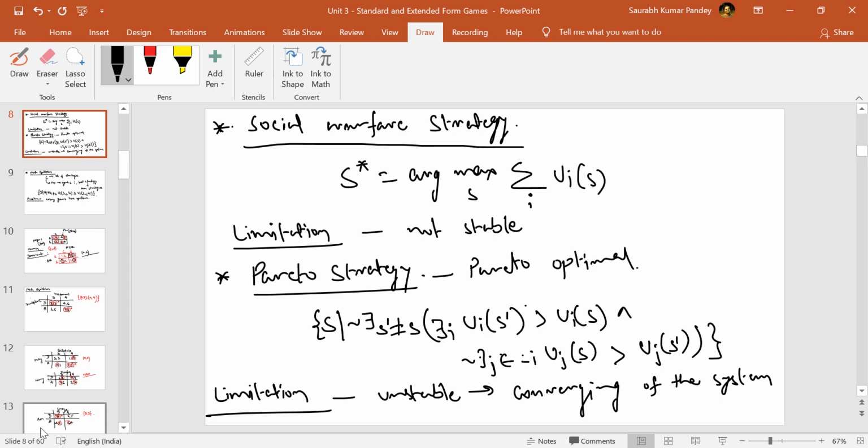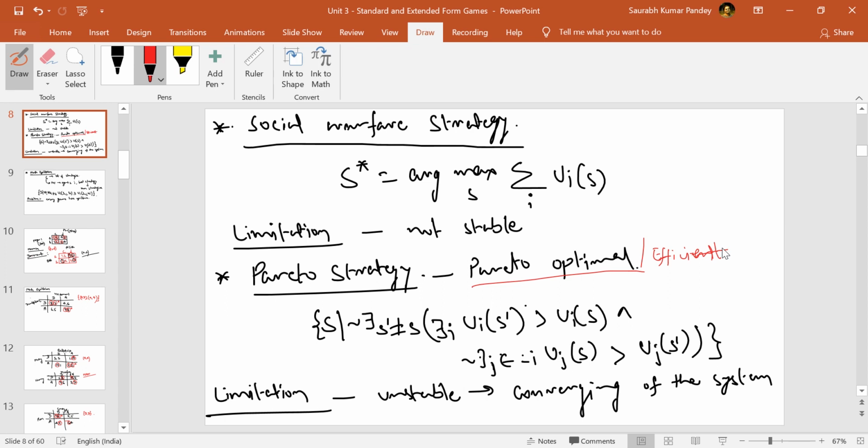We understood this concept that whenever a strategy, let us suppose S, is given to you, here is the Pareto optimal principle. It is also known as the Pareto efficient strategy. Both the terms are used interchangeably.